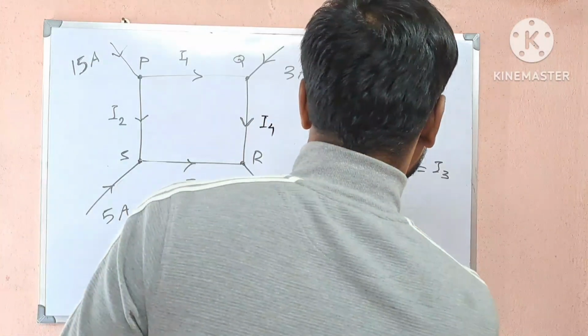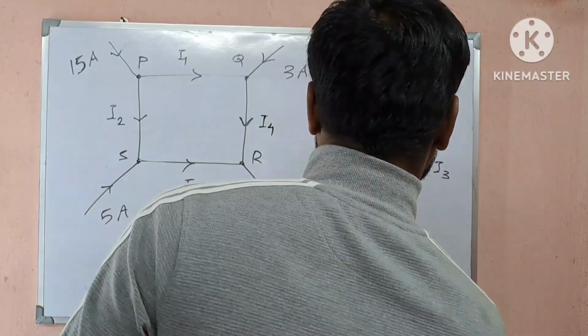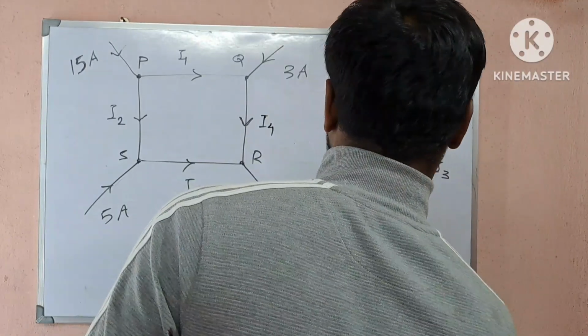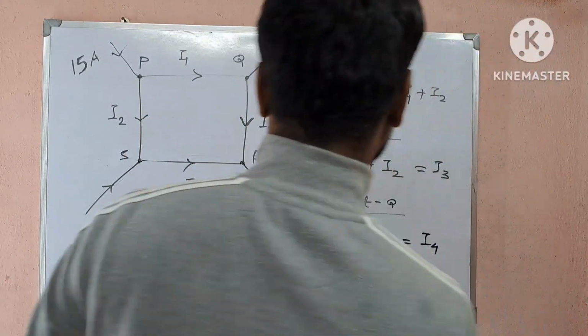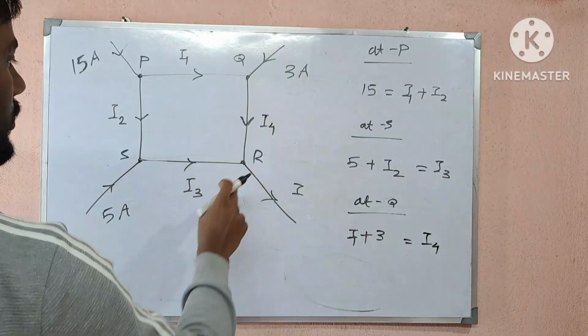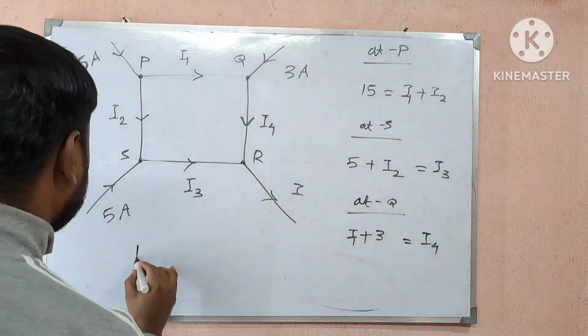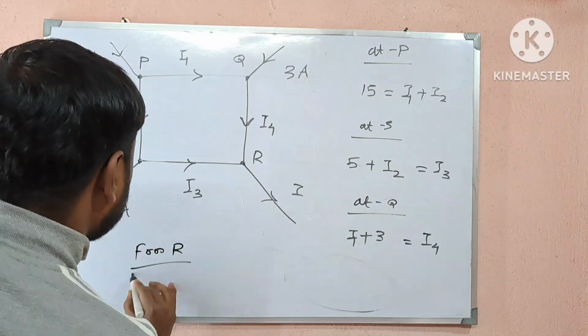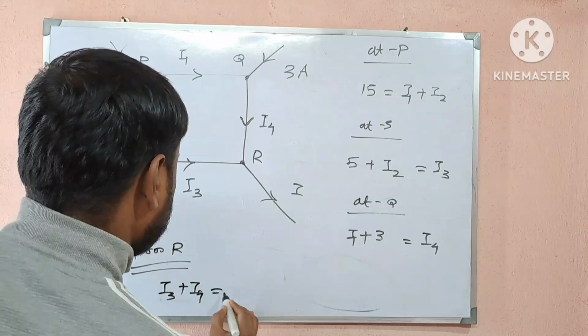So if we apply KCL at Q, that will be I1 plus 3 is equal to I4. I1 plus 3 because I1 and 3 are entering the point Q and I4 is leaving from the point Q. For R, if we apply KCL, that will be I3 plus I4 is equal to I.